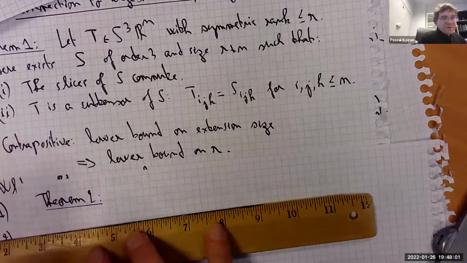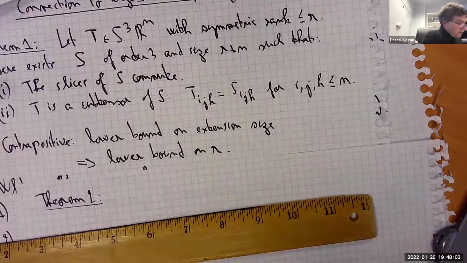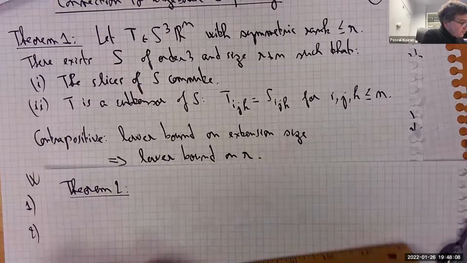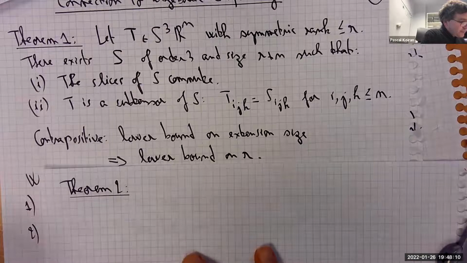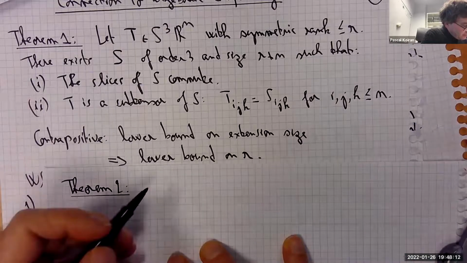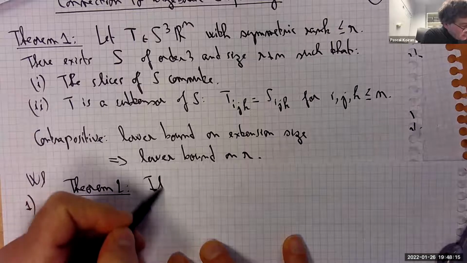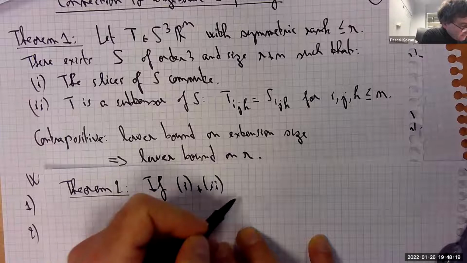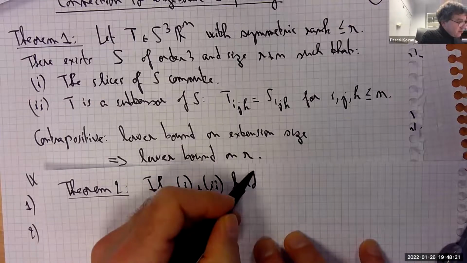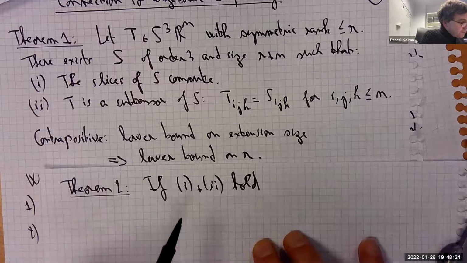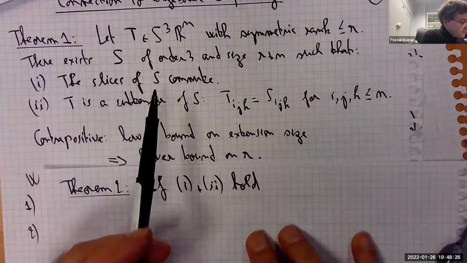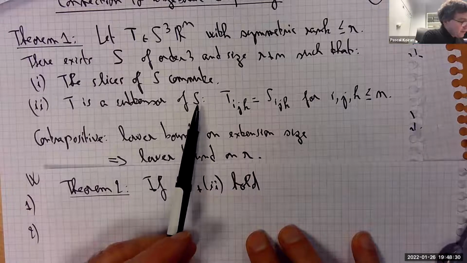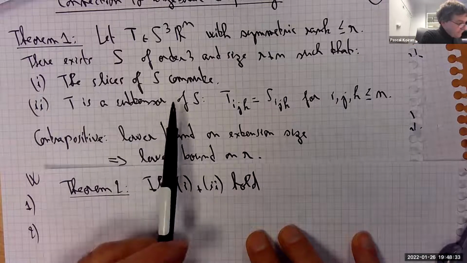And the converse goes as follows. So let's assume that these two conditions from theorem 1 hold. So we assume that we have an extension of S. So T is a subtensor of S. The matrices of S commute.